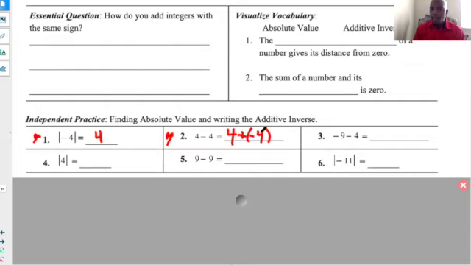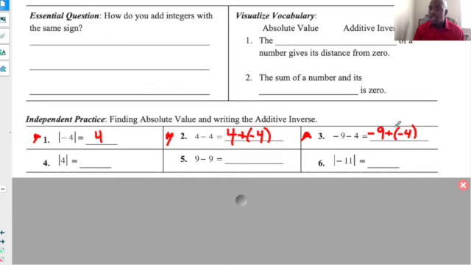Let me do one more for you, and then I want you to do 4, 5, and 6. If I were to write this as an additive inverse, I would write -9 plus -4.